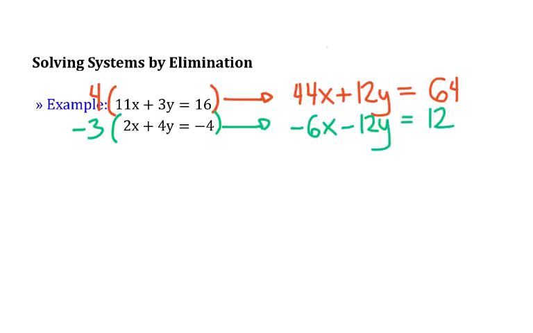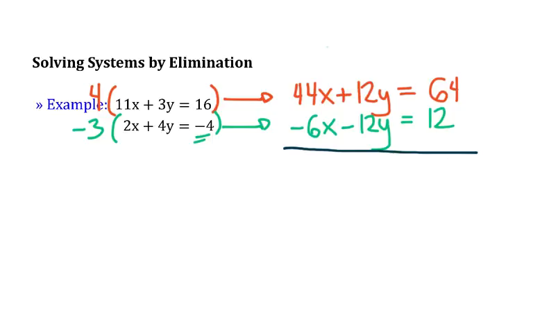So notice that we did have to multiply the entire equations through. Sometimes we forget to multiply the other side by the number, so be careful there. But now this is my new system. 44x plus 12y equals 64, and negative 6x minus 12y equals 12. If we add now, we'll get what we wanted, which is the variable y will eliminate.